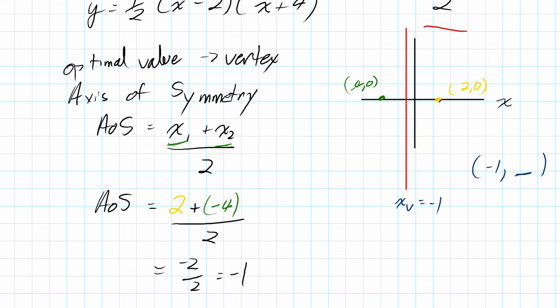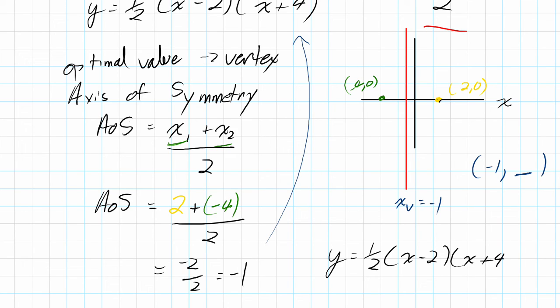Well, if we have an x value, we can plug into our equation. So we're going to look right back up to this equation here. y is equal to 1/2(x - 2)(x + 4). I'm going to take that x value at -1 and plug it in for both of the x's. That will help us find what the y value of the vertex is.